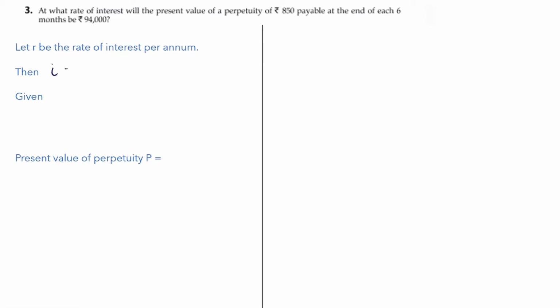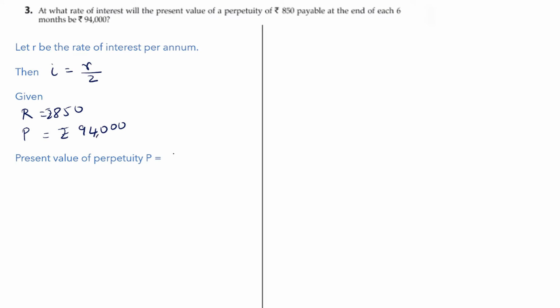Since it is payable at the end of 6 months, I, the rate per period, is R upon 2. And R is 850, the periodic payment, and the present value of perpetuity is 94,000.